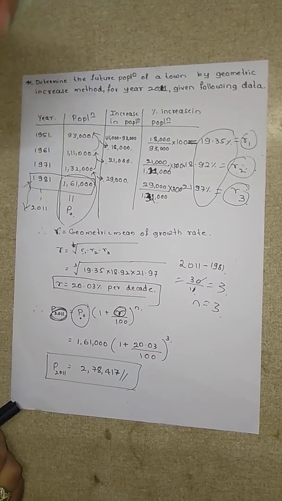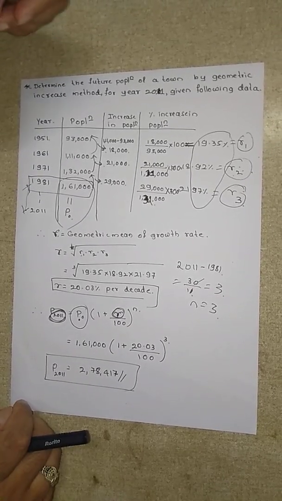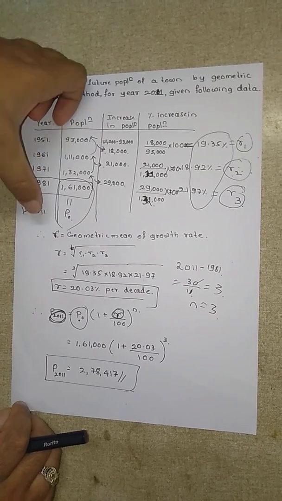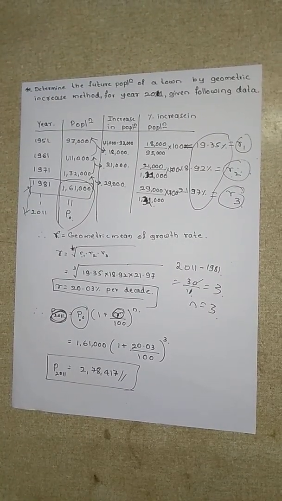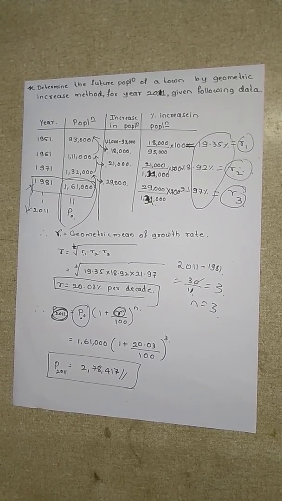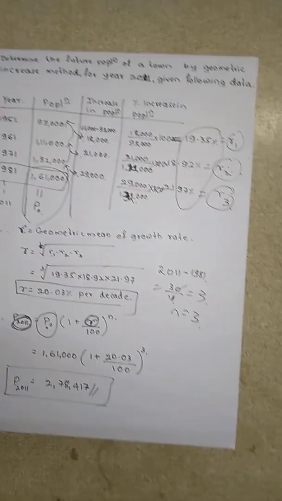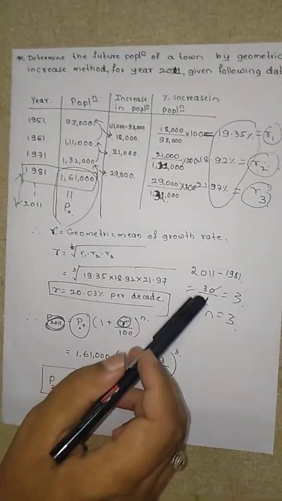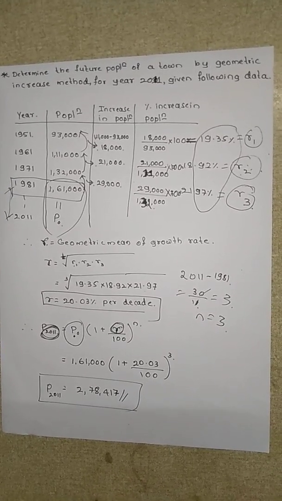From 1981 to 2011, how many decades are there? 1981 to 1991, 1 decade. 1991 to 2001, 2 decades. 2001 to 2011, 3 decades. So 30 divided by 10, N is equal to 3.